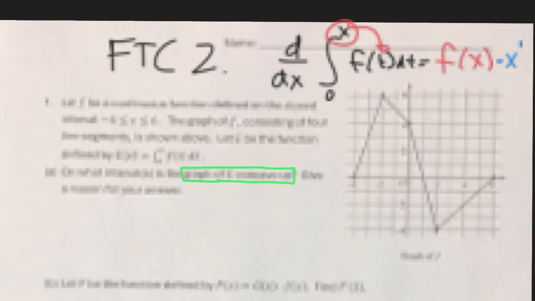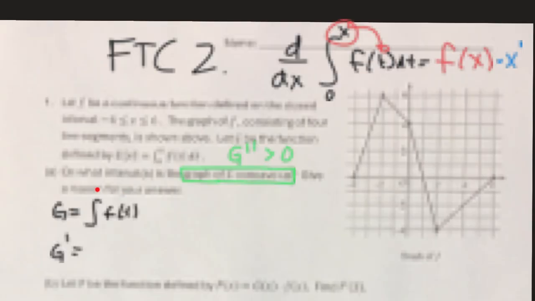Okay, g is concave up when the second derivative of g is positive, right? That's our conceptual understanding. Functions are concave up when their second derivative is positive. So let's look at what we have. We have g is the integral of f. Okay, so then what is g prime?